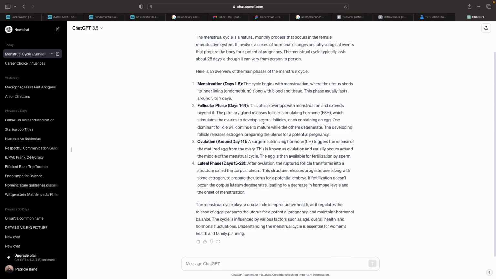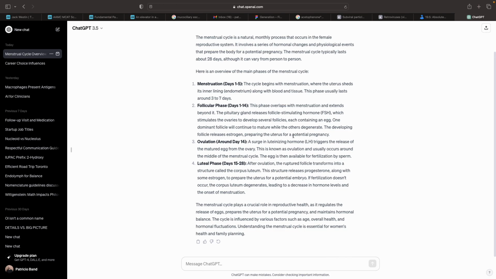One dominant follicle will continue to mature while the others degenerate. The developing follicle releases estrogen, preparing the uterus for a potential pregnancy. So it prepares the uterus.